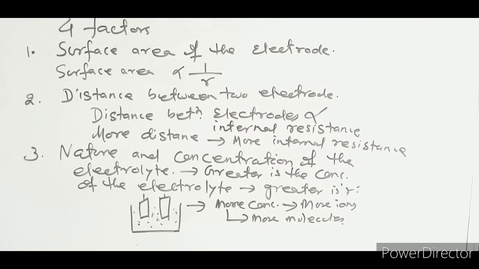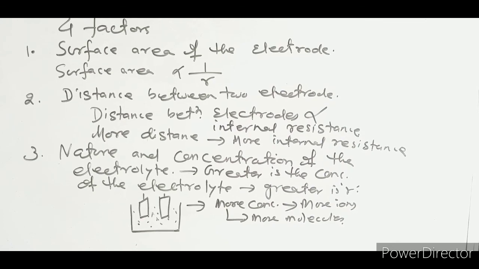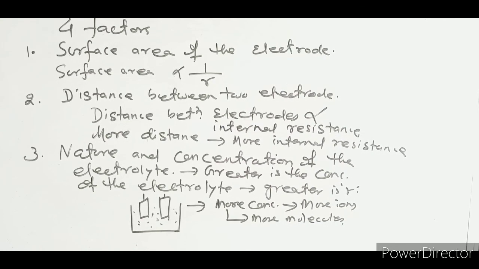Clear? So more molecules will be there, more ions will be there, due to which they offer resistance to the motion of the current. That is why more concentration, more will be the internal resistance. So if it will be less ionic, then greater will be the resistance. So this one it is.